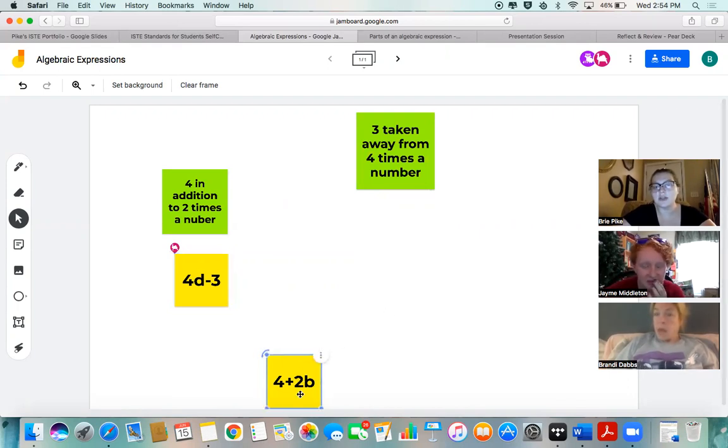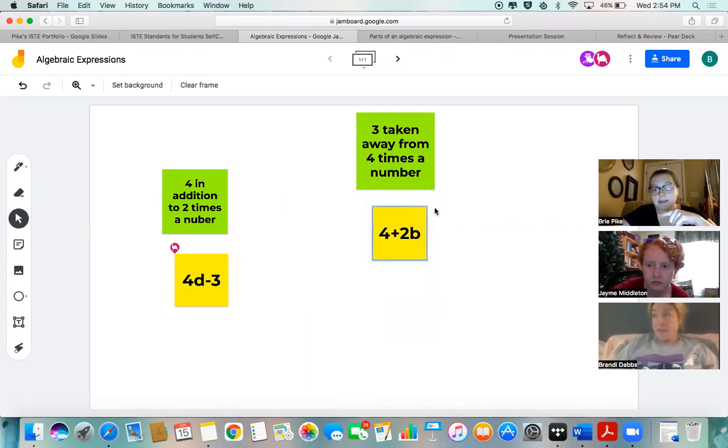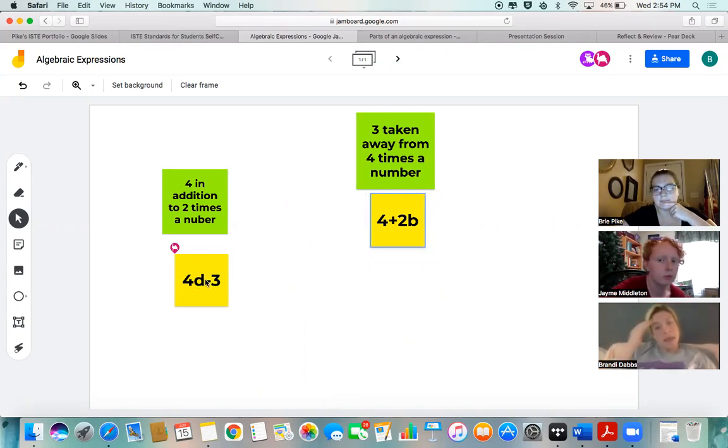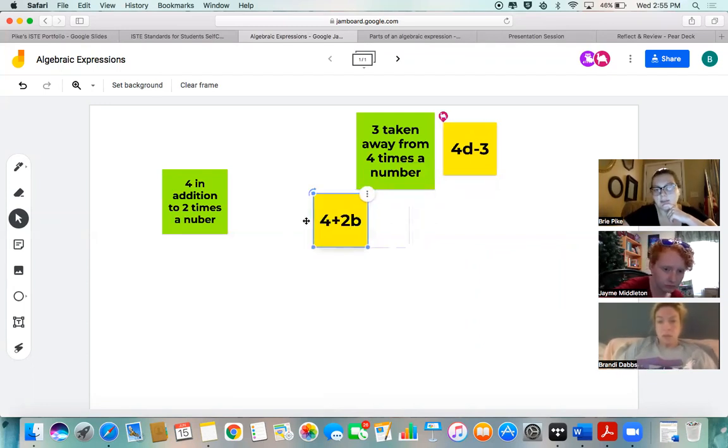And then once you're done, I want you to go to your classmates that they made, and I want you to put the opposite with it. Does that make sense? So we're making a green and a yellow that don't go together. Yep. And then I want your classmate to make the one that goes with it.